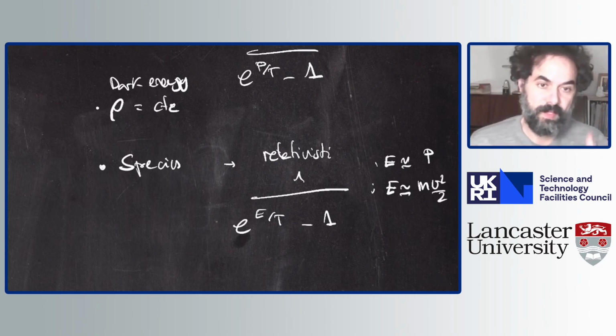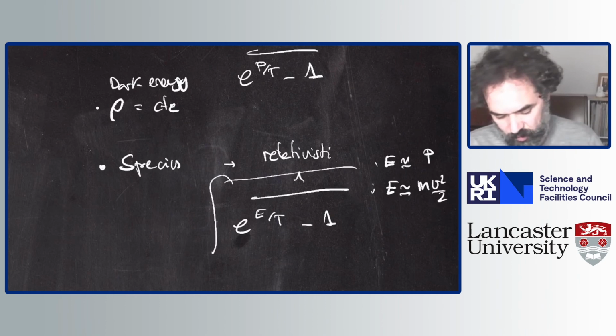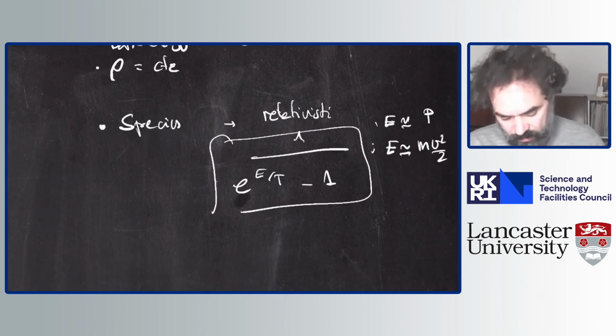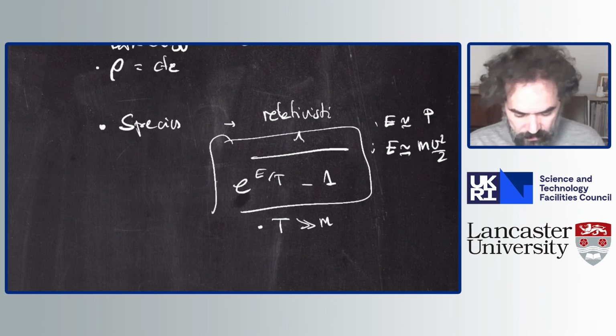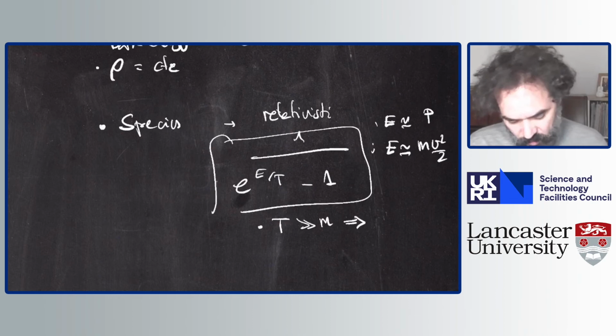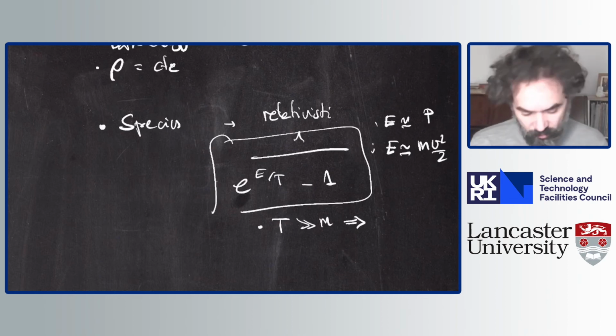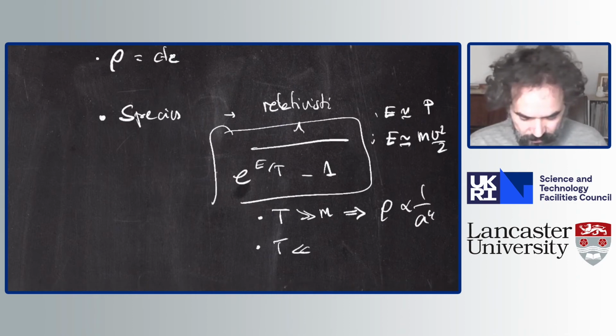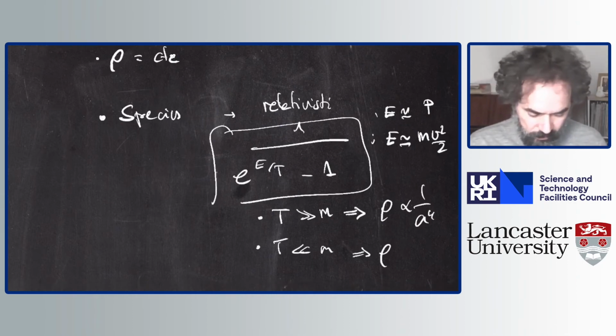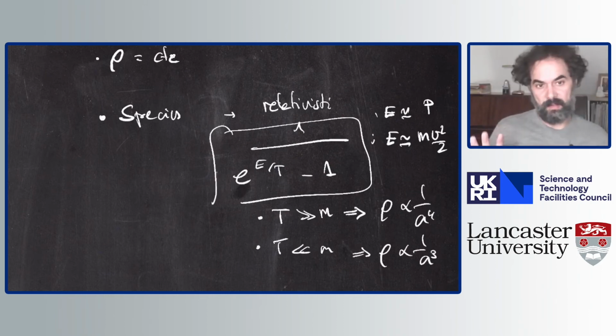And you can prove that, if you take the distribution with these two limits, when the temperature is much bigger than the mass, this corresponds to the law of rho going as 1 over a to the 4, and when T is much smaller than the mass, again, all this can be done consistently, and this is what we expect.